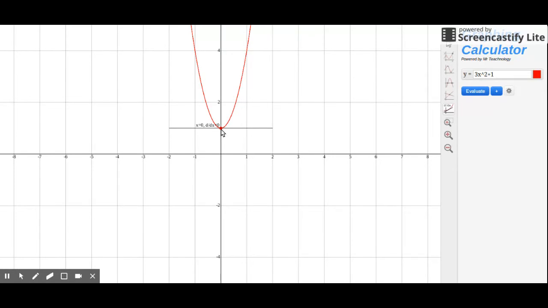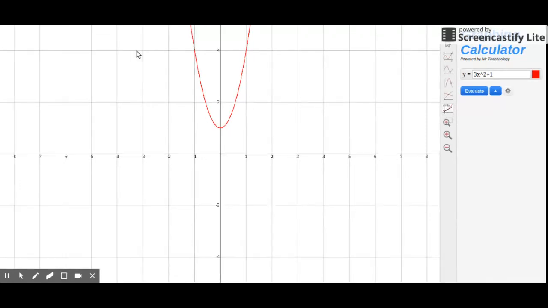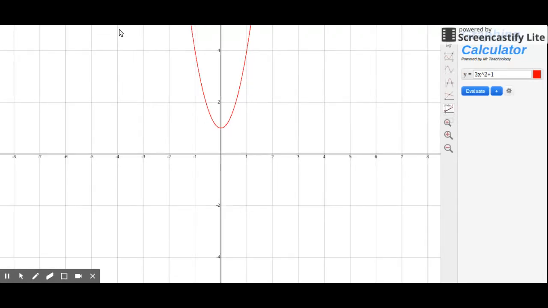You can see there x is equal to 0, and that d over dx is equal to 0, and that actually represents the slope. So as you can see, the slope of the line is 0, and notice that line is actually parallel to the x-axis. Right, it's a horizontal line.